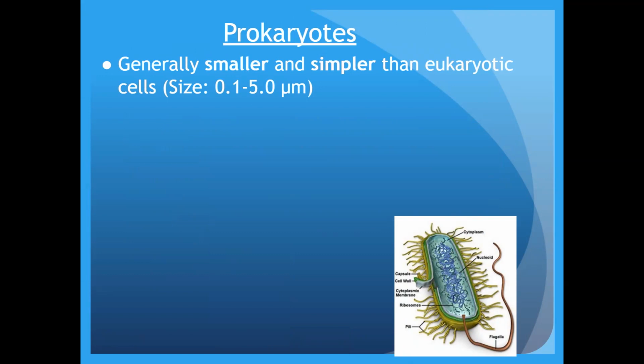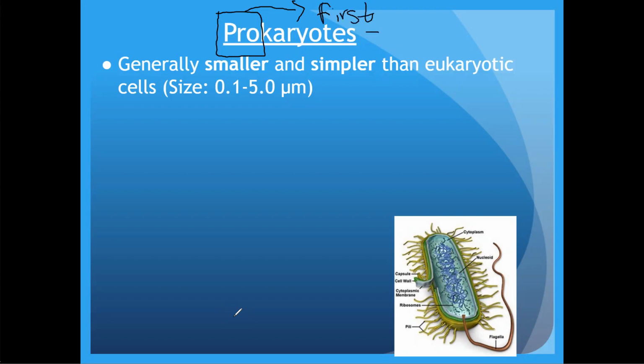Okay? So the first kind of cell is a prokaryotic cell, or the first kind of organism that was theorized to be on Earth was a prokaryote. A prokaryote, you might want to write this in your notes. Pro means first.